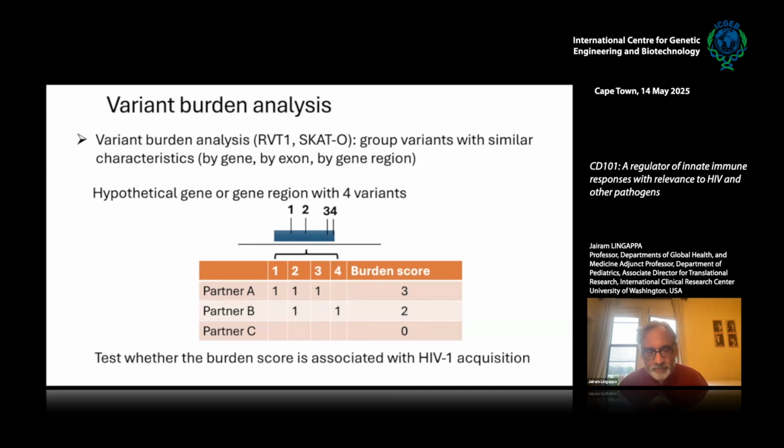And then we could take that burden score and test whether it's associated with HIV acquisition to test whether variants in this gene or gene region are meaningfully associated with HIV acquisition.